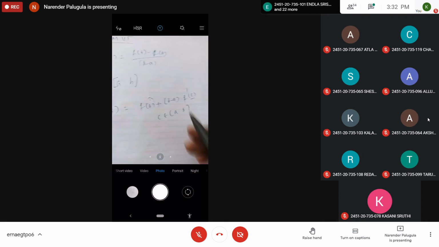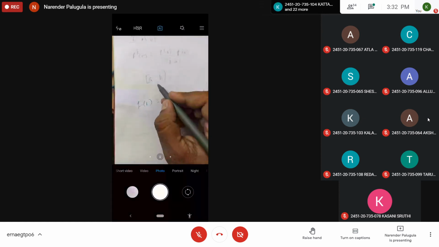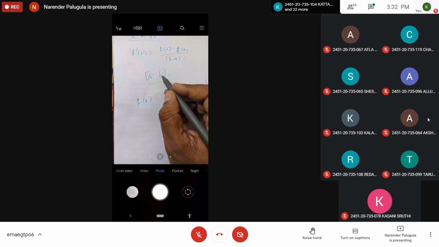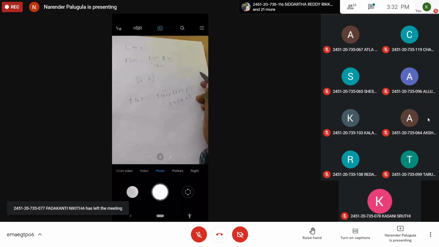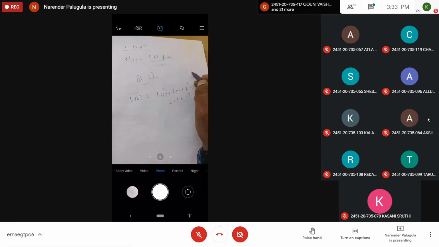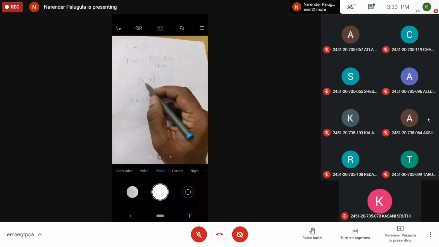Generally in the interval sense, b is always greater than a. Suppose you write the interval 0, 1, 2, 3, the numbers should follow order. We cannot write the interval 1, 0. The end point should be greater than the initial point. So b is always greater than a, and we can write b in terms of a plus something.